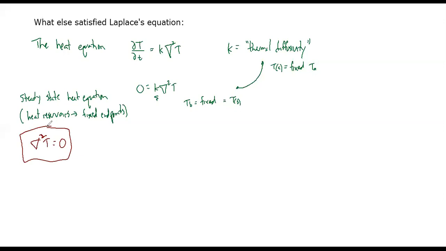So voila, this is the same thing as the streamlines for an ideal fluid or the electric potential for an electrostatics problem. All we have to do is put on the new terminology. Okay, so let's just solve a problem.